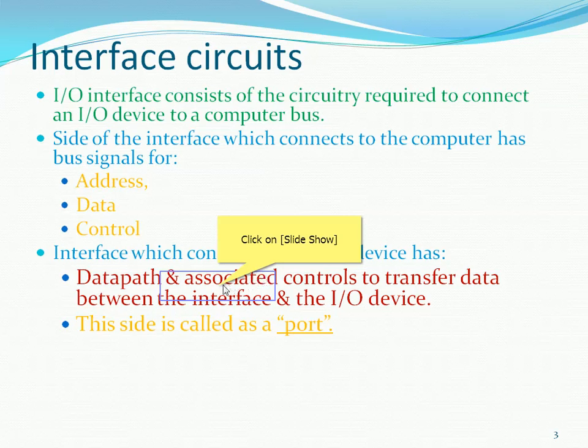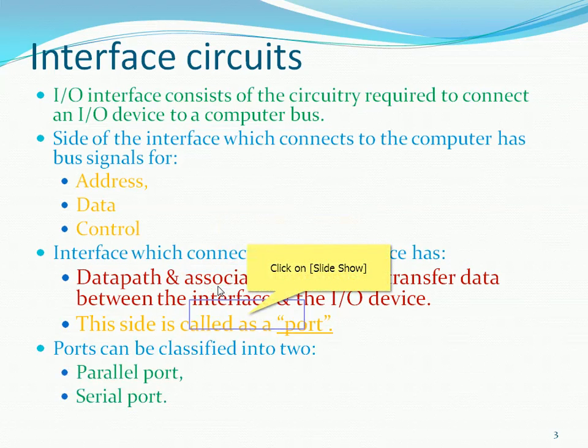The data path you can say is the complete hardware put on the motherboard, that could be a processor, buses and I/O devices, network interface card, the monitor, and all those related hardware kept on the motherboard.